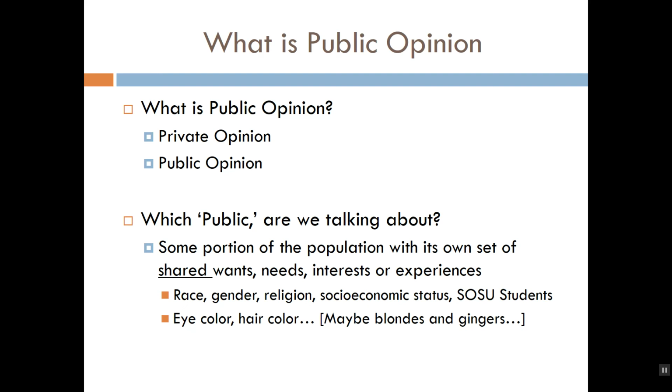For example, public opinion data has shown us that African Americans are more likely to say that race-based discrimination in the workplace is still a major issue in the United States than are Caucasian Americans. Why might African Americans and Caucasian Americans tend to feel differently about this issue? Well, because they have different skin colors, and your skin color shapes how you're treated, how you experience life in our country and elsewhere.